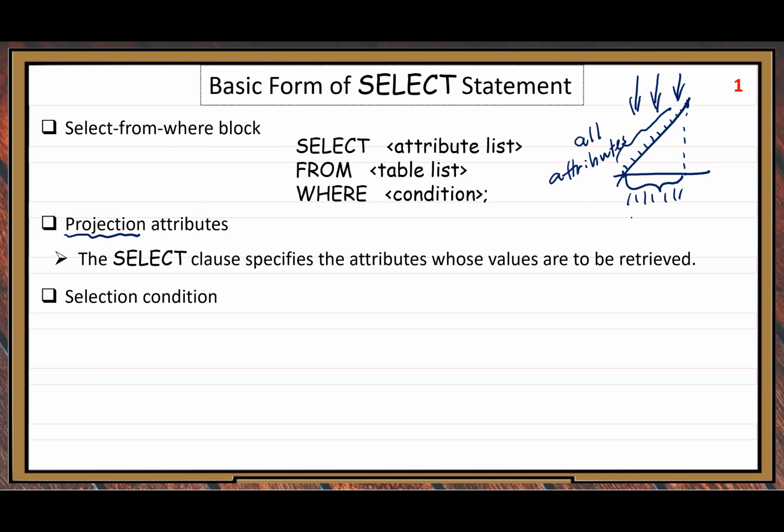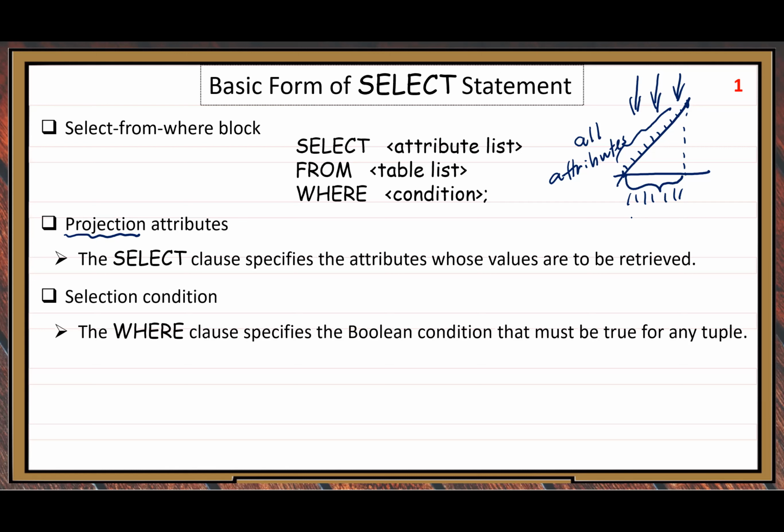The where clause specifies the Boolean condition that must be true for any selected tuple. Only when the condition is true, we select. If it's false, we do not select.